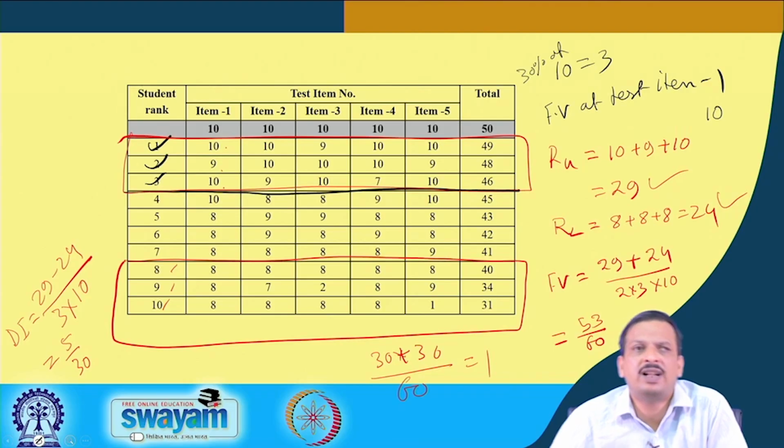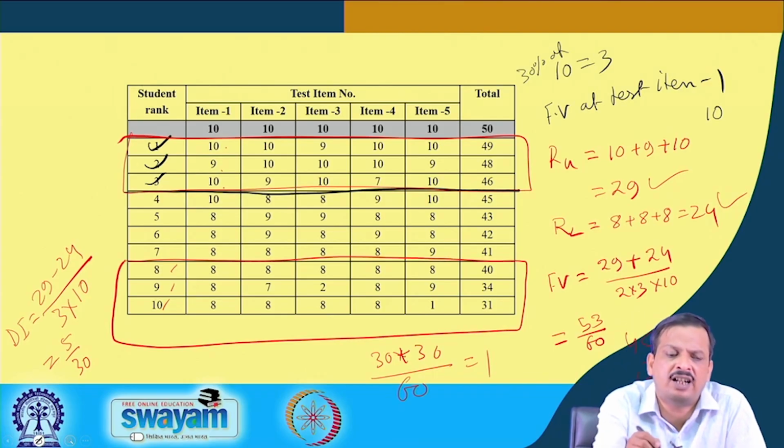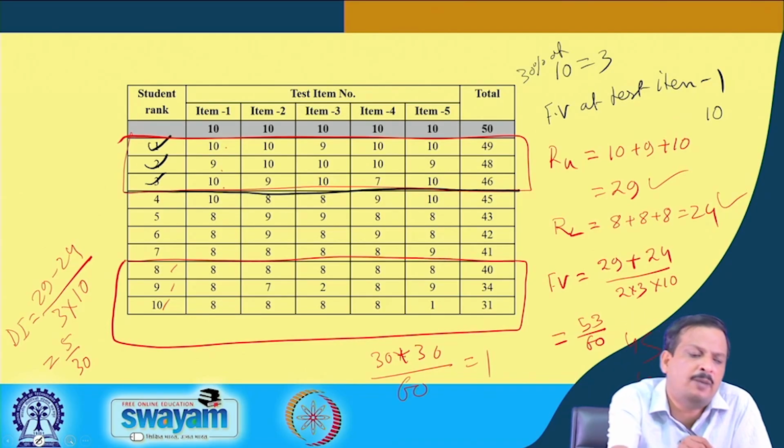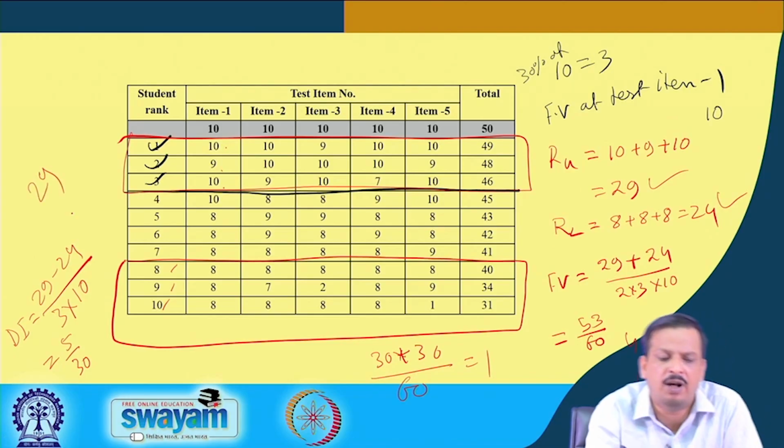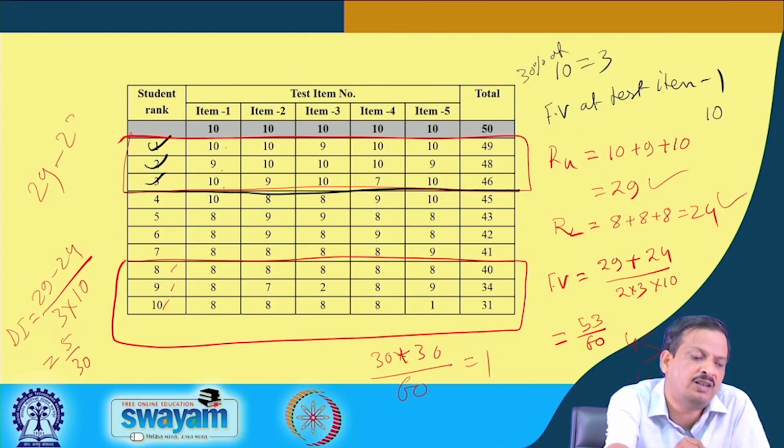Okay. So, I can calculate the DI value for test item 2. Marks obtained by upper group 29, marks obtained by lower group 8 plus 8 is 16 plus 7 is 23, so 29 minus 23 divided by 30, that is 6 by 30.